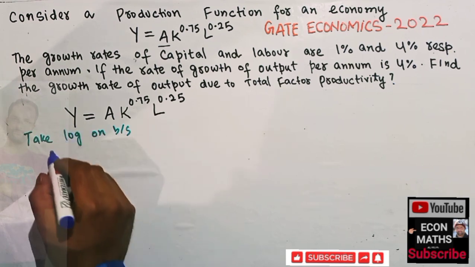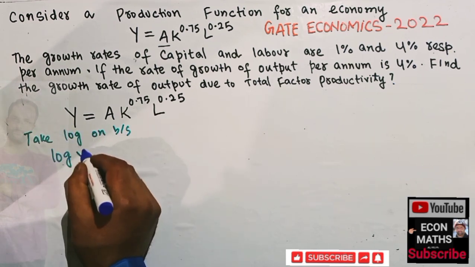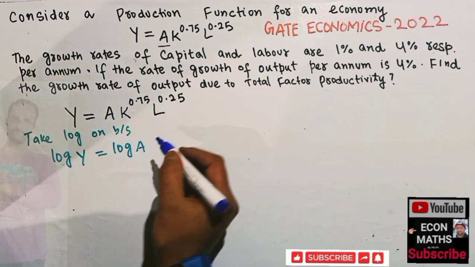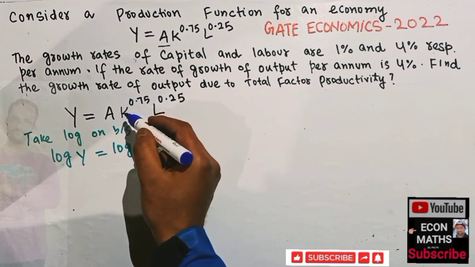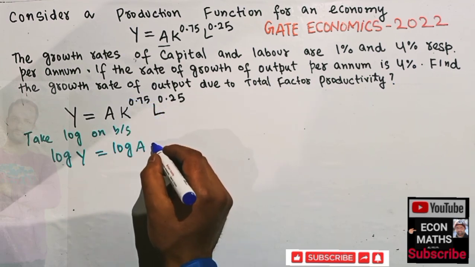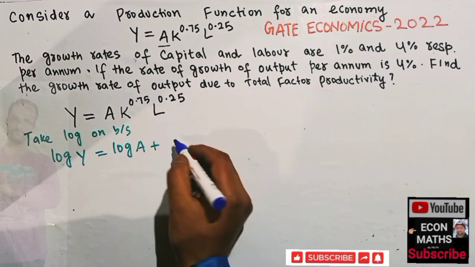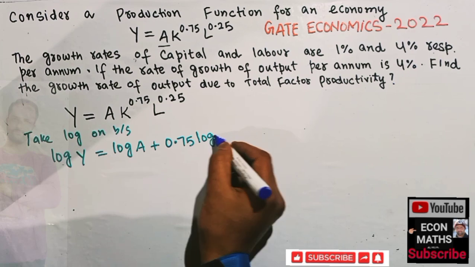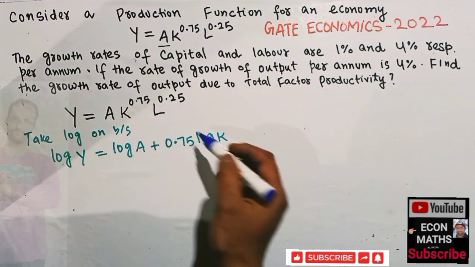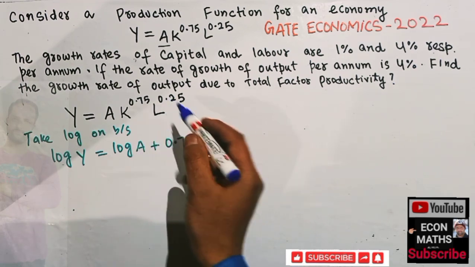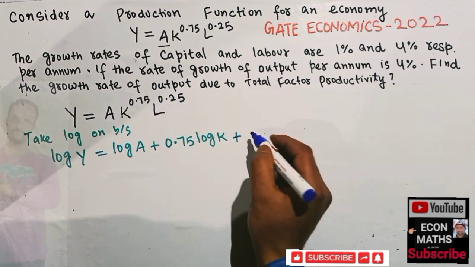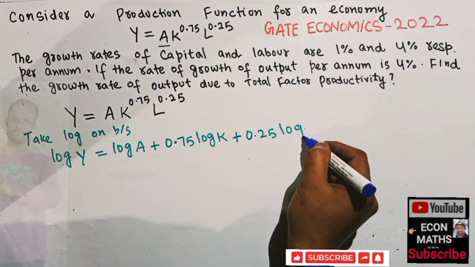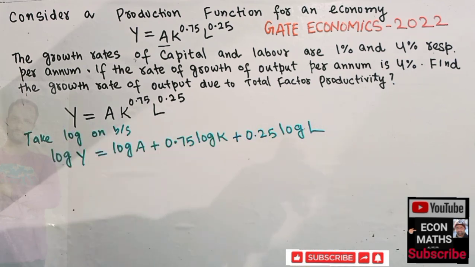So we have log of Y equal to log of A simply, and the log of K to the power 0.75 will be 0.75 becoming the coefficient, 0.75 log K. This is from the law of logarithms. Similarly, plus we take 0.25 as the coefficient, 0.25 log of L. So the first step was to take log on both sides.